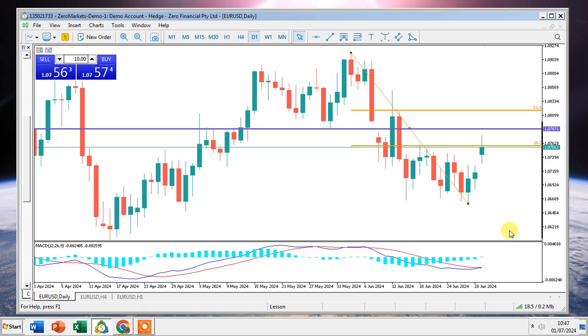Once we have looked at the daily chart, the next thing we need to do is look at the lower time frames to see if we can find something that is going to corroborate what we see on the daily chart. The other thing I would like to say is that you can see here the MACD line challenging the signal line.